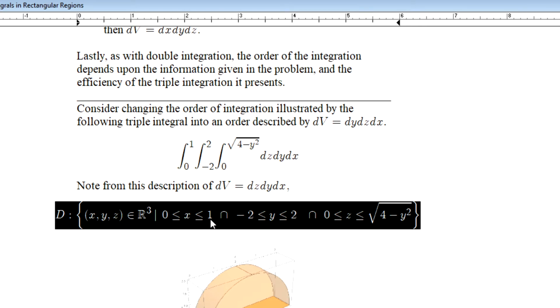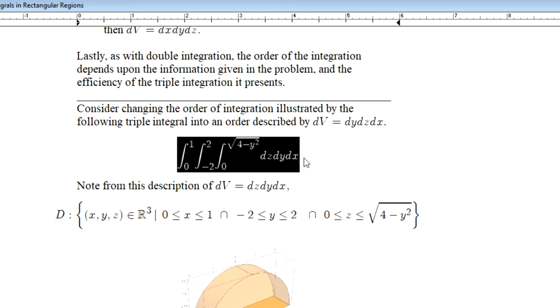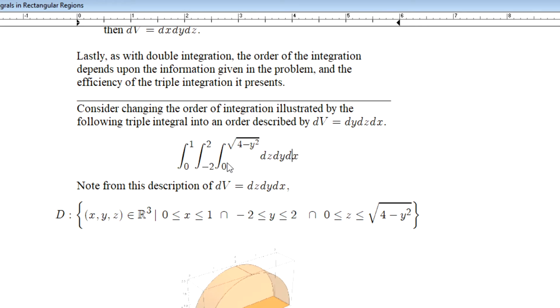This must be our solid's description for region D. Z must be bounded between these multivariable functions of x and y, where you'll notice one of them is a constant and the other only involves y, which implies a cylindrical region of space in 3 dimensions. Y is bounded between constant values from -2 to 2, and as expected with x as the outermost integral, that's bounded between the constant values of 0 to 1.